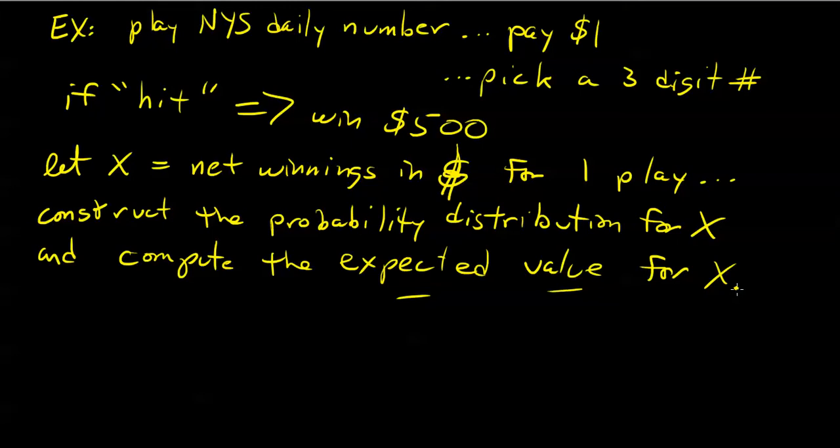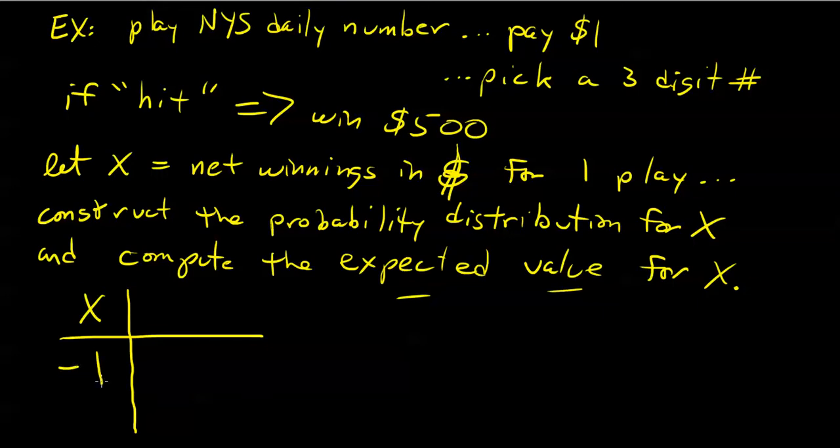Let's do the probability distribution first. How many possible values of x are there? Well, you either win this game or you lose this game. There's only two outcomes, and money-wise, if I lose the game, in other words, my number does not hit, I lose $1.